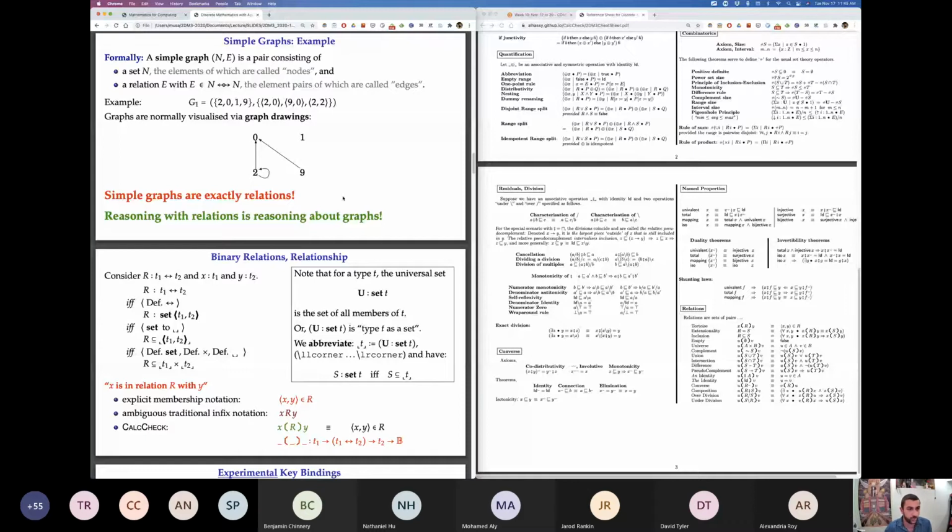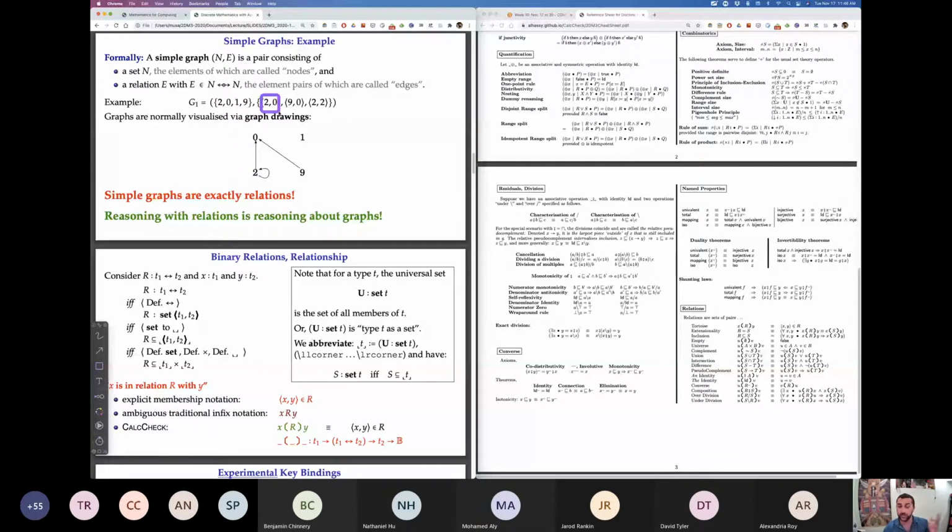Let me point out this little example. A graph consists of a bunch of dots or nodes and lines between them, or edges, at most one line between any two. Here are our dots: 2, 0, 1, 9. Now we're saying there's a line from 2 to 0.